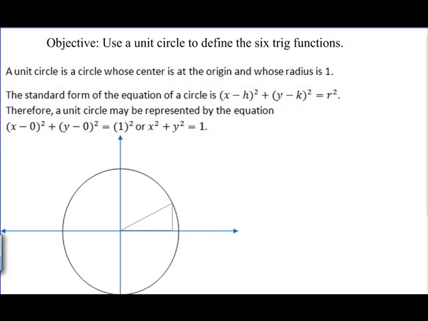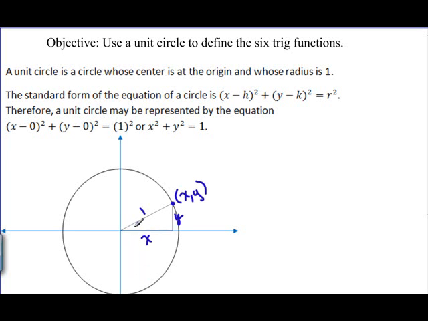Some things that we know are that the radius is 1, and remember, to go from the origin to a point on the circle, we would have to go over x units and up y units. So this point here can be represented by the ordered pair (x, y). And x is our horizontal distance and y is our vertical distance.